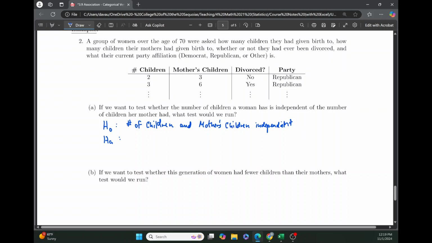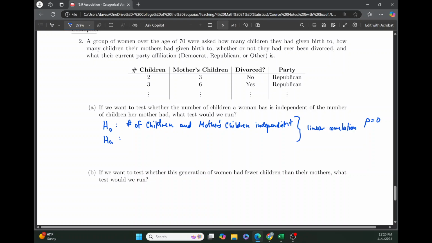We would run a test for independence. It would be more specifically a linear correlation test, because those two variables are numerical. So we run a linear correlation test on that. The null hypothesis would be rho equals 0, right?